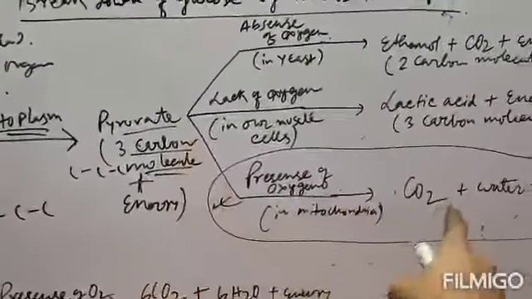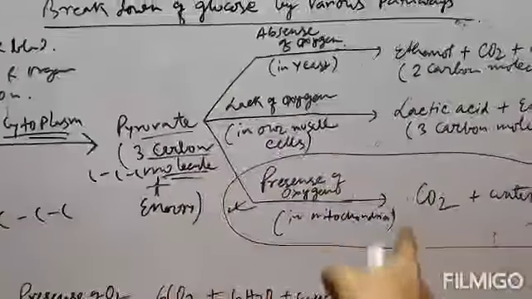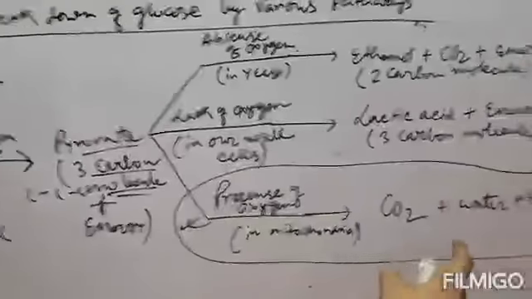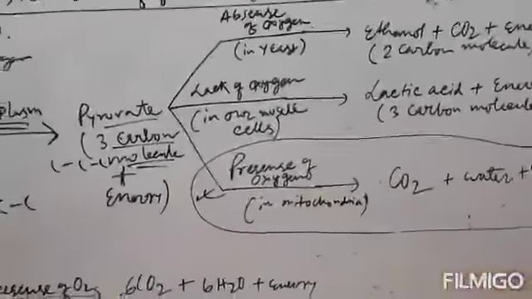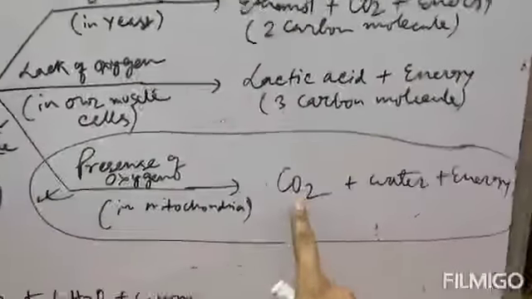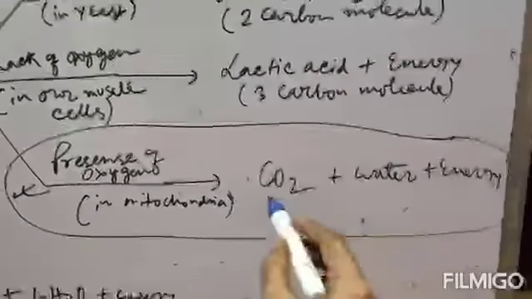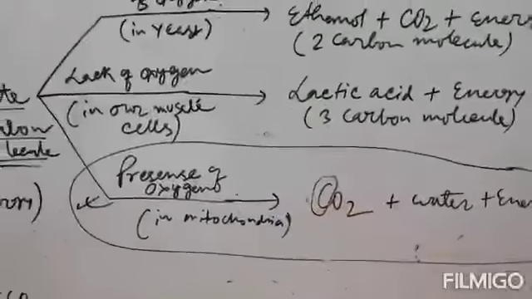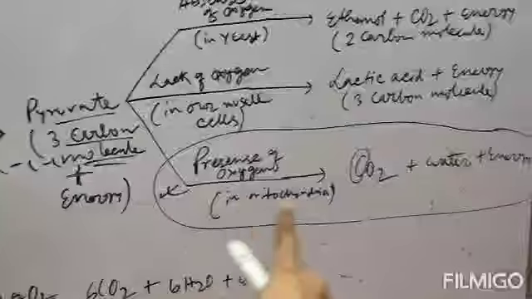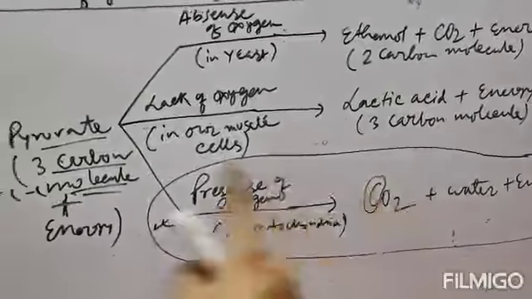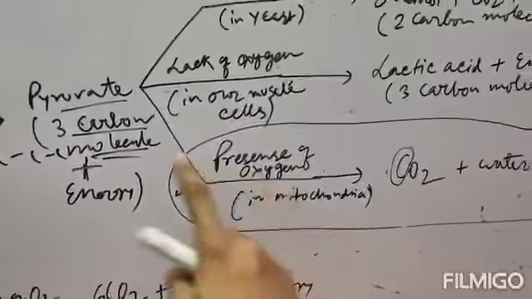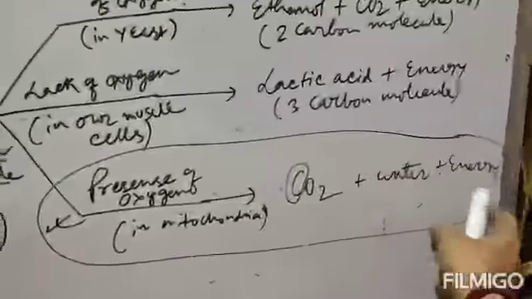converts to carbon dioxide. This pyruvate compound goes to mitochondria in presence of oxygen and converts to carbon dioxide, water, and releases energy. Clear? So pyruvate initially was a 3 carbon molecule compound. It converts to one molecule of carbon, that is CO2. Here carbon is only one molecule. In presence of oxygen, and in mitochondria, it converts to carbon dioxide, water and releases energy.